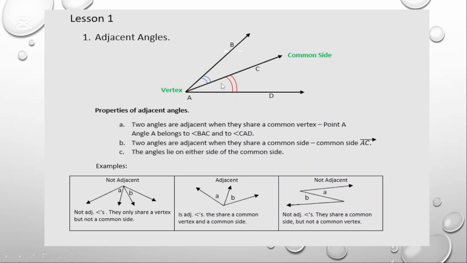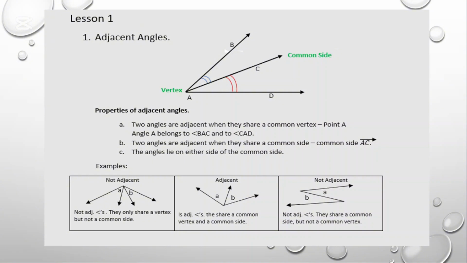Side AC belongs to angle BAC, and side AC belongs to CAD. And what else? They are on both sides of the common side. And we have another name for them. This is a pair of adjacent angles.